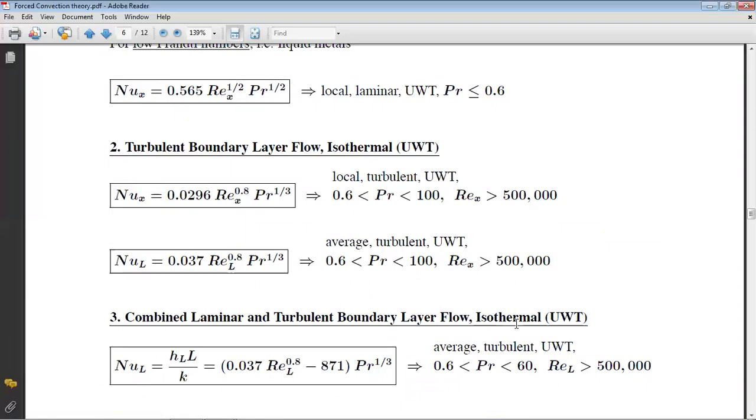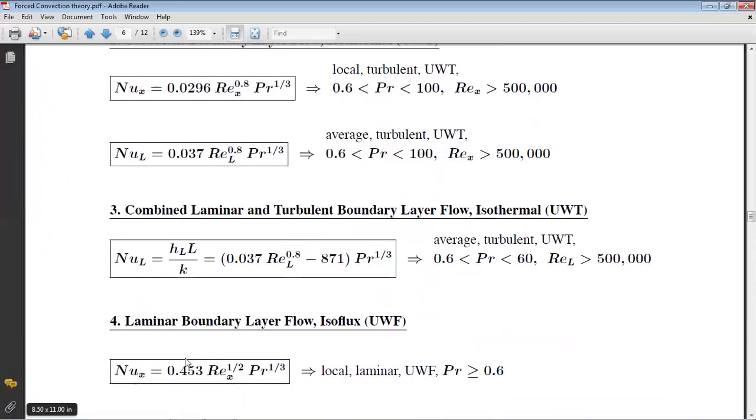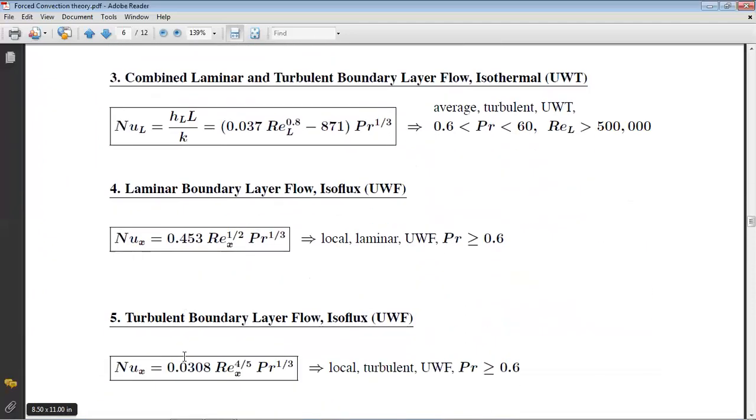And if you use that Nusselt number, and put in this value, hL upon k, you can have the value of the heat transfer coefficient. Using that, you can also calculate the amount of heat transfer using Newton's law of cooling.